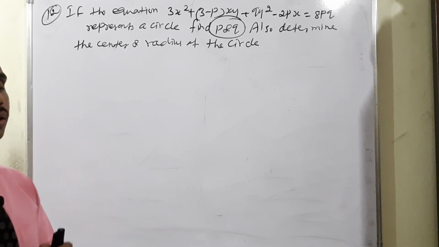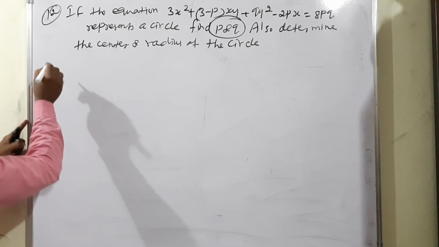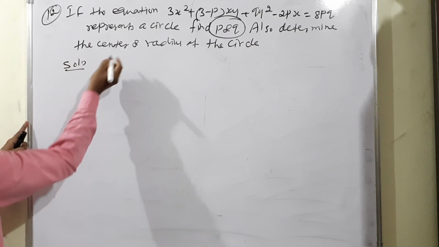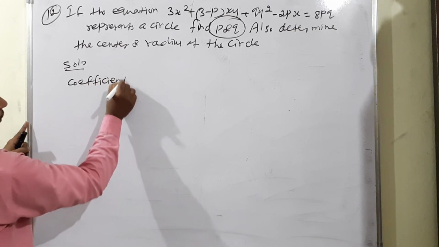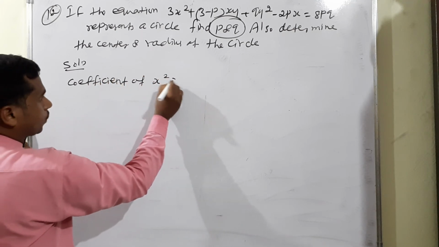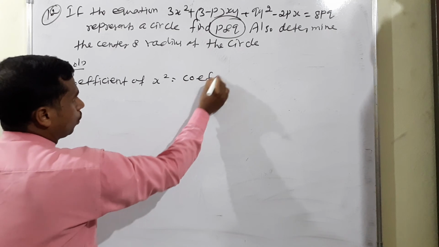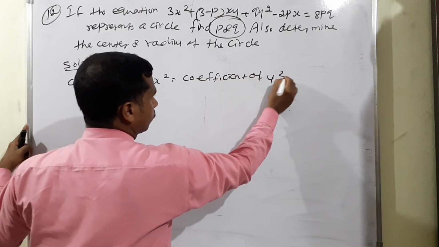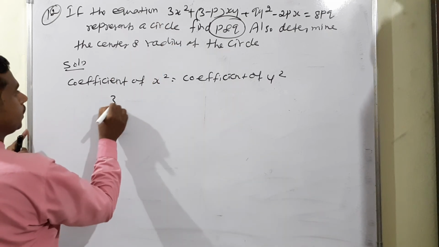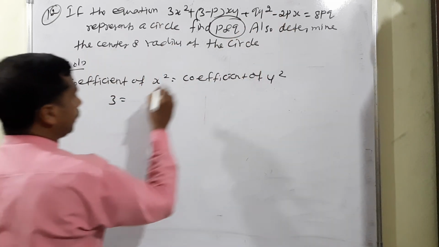Already we know one of the main properties of a circle: the coefficient of x square is equal to the coefficient of y square. So the coefficient of x square is equal to 3, the coefficient of y square is equal to q.